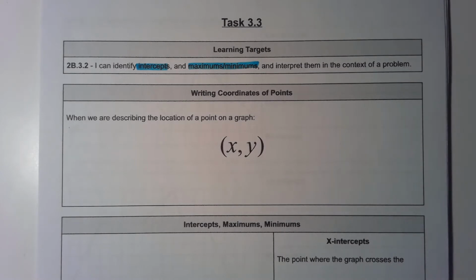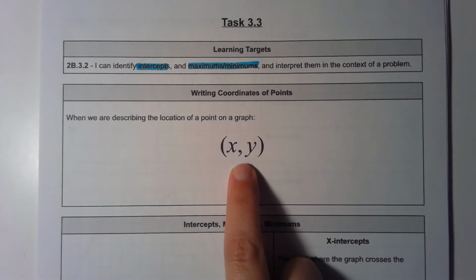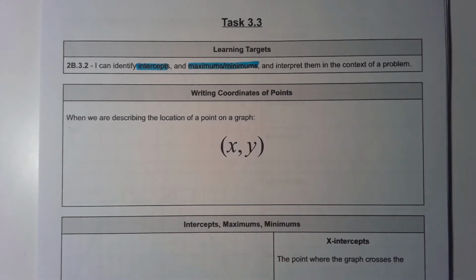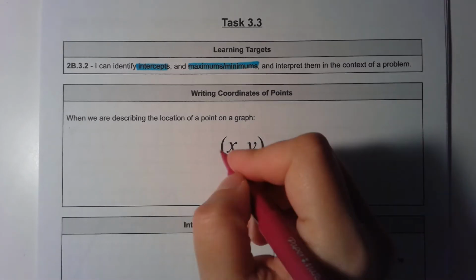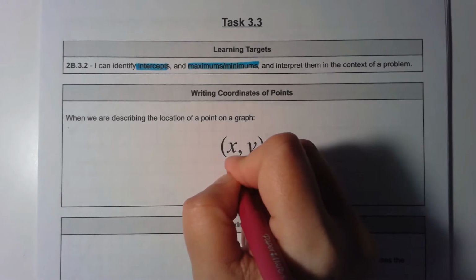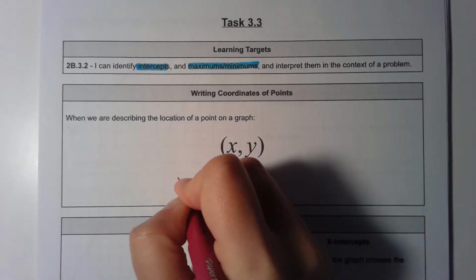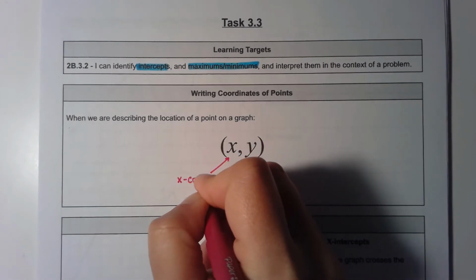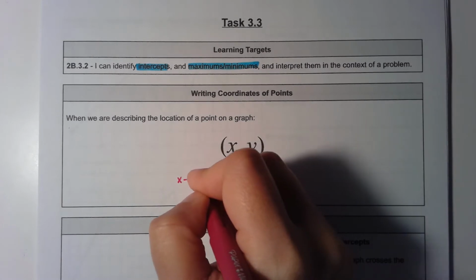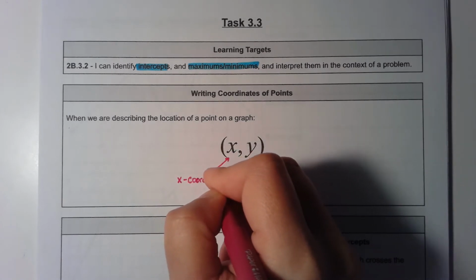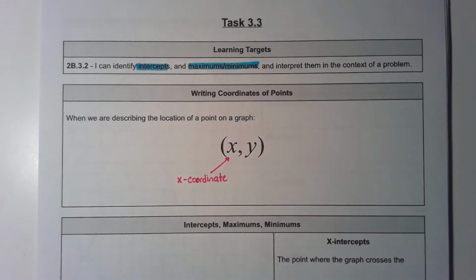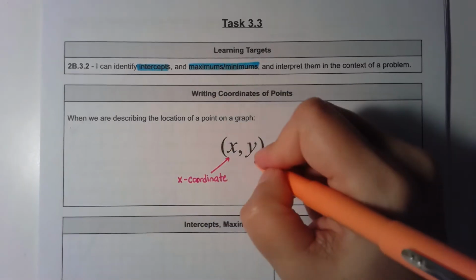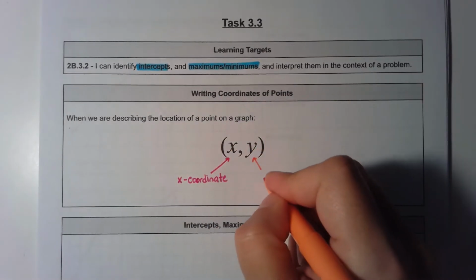When we are describing the location of a point on a graph, we do something called a coordinate pair. So this is called an ordered pair or a coordinate pair. The x coordinate is always first, and the y coordinate is always second in an ordered pair.